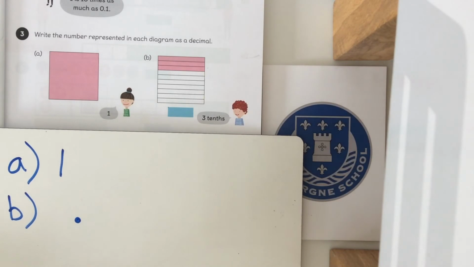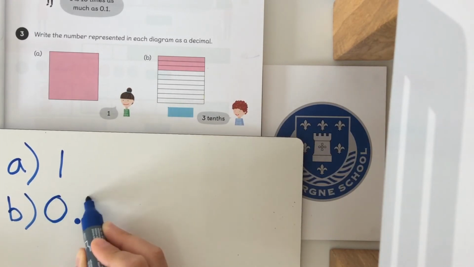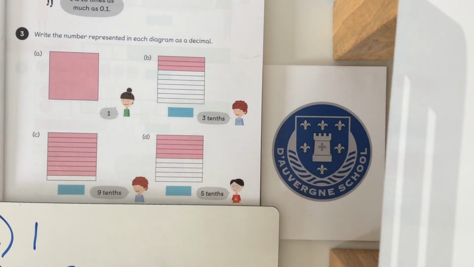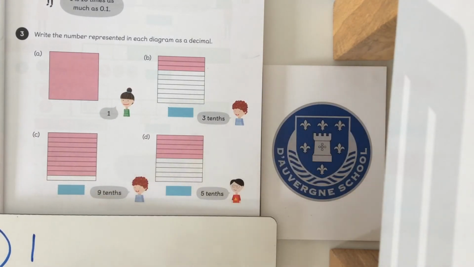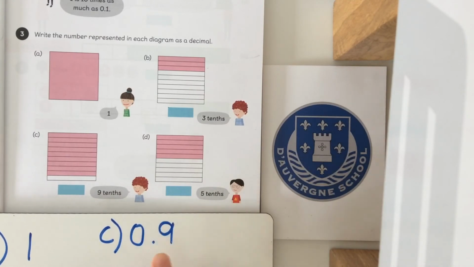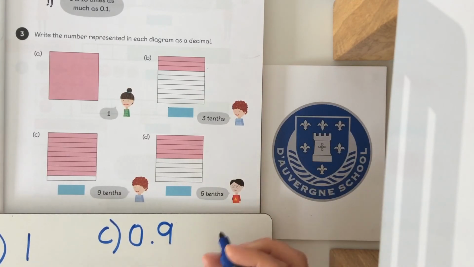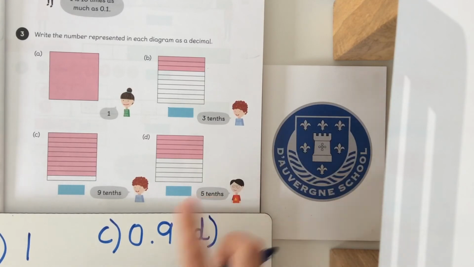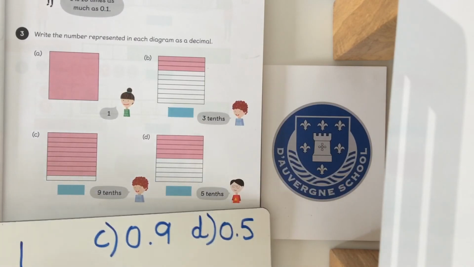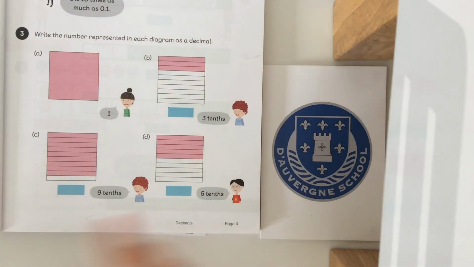If I know I've got to have a decimal point, it is 0.3. And then for C, we've got 9/10, which would be 0.9, my decimal point. And for D, we have 5/10, which should be 0.5. So well done if you got those correct.